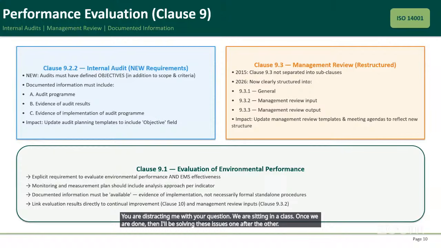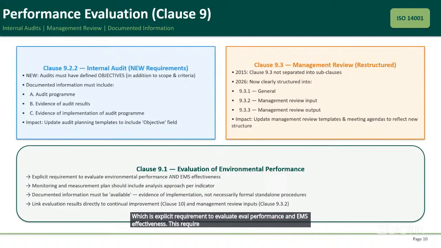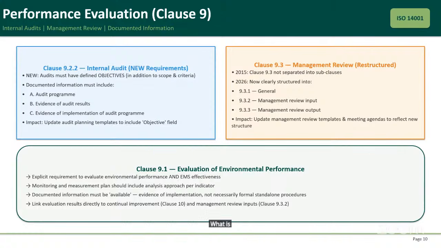So clause 9.1, evaluation of environmental performance, which is an explicit requirement to evaluate environmental performance and EMS effectiveness. This requirement is now very clear about looking at your performance. What is your performance like? What are your environmental aspects? How are you monitoring it?